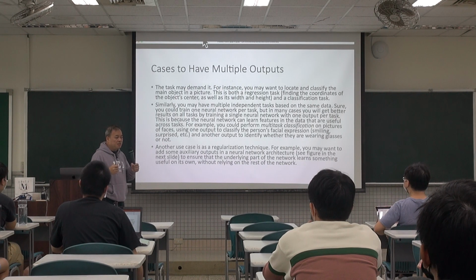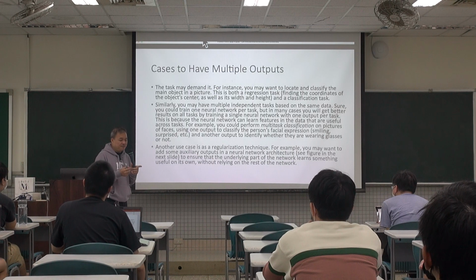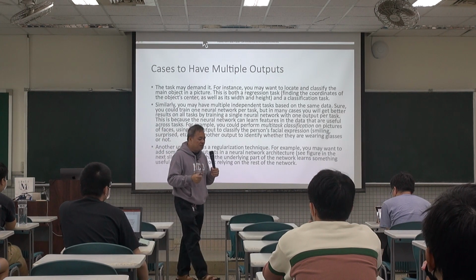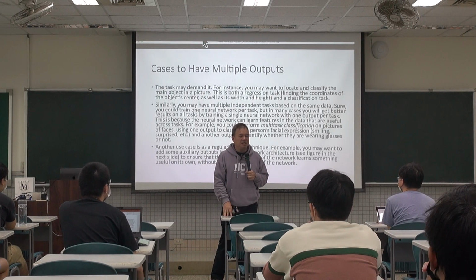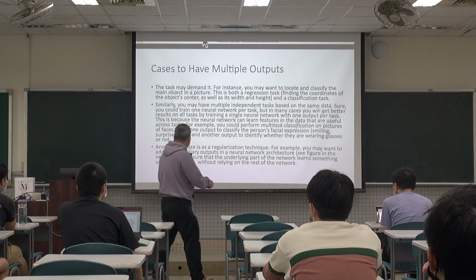Because sometimes the model has too much freedom, so it overfits. The regularization idea is just to constrain the model so that it is not as free as indicated by the number of parameters.